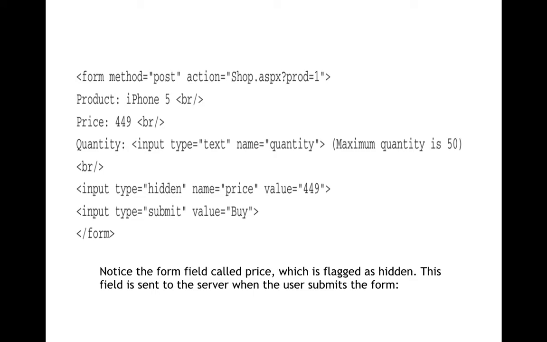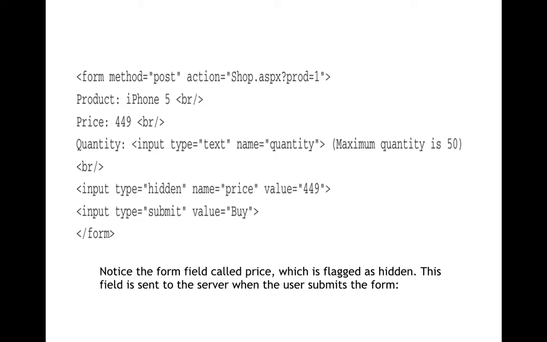Notice the field called price, which is flagged as hidden, so this field is sent to the server when the user submits the form, although it is not displayed on screen and is not editable by the user. This is solely because the application has instructed the browser to hide the field, but everything that occurs on the client side is ultimately within the user's control.